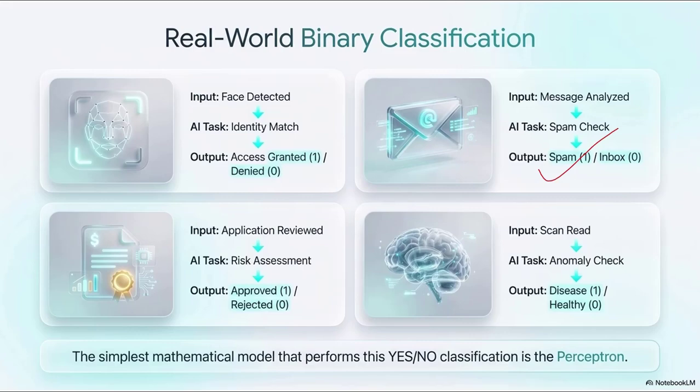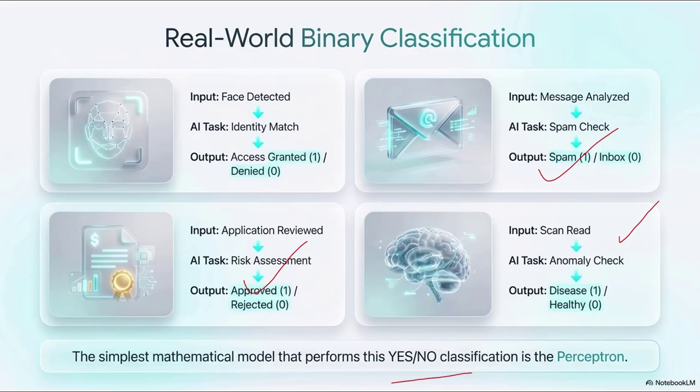Again, if the task of AI is risk assessment and it reviews the application, then the output may be approved or rejected depending on its classification. Then we have an input scan, that means an anomaly check, whether the person is diseased or healthy. Again you can see it is giving us an answer only as yes or no.